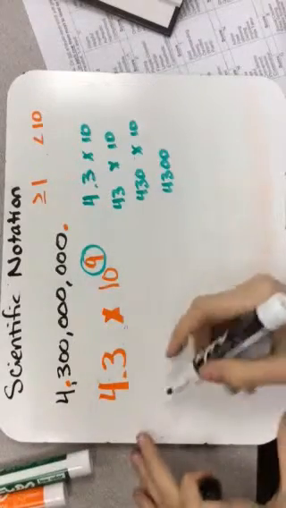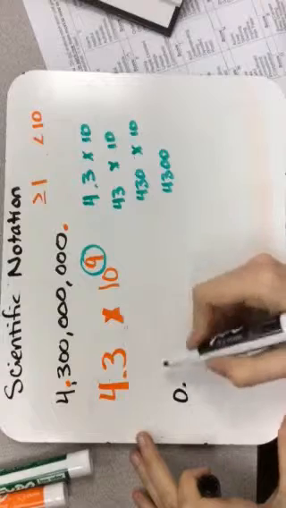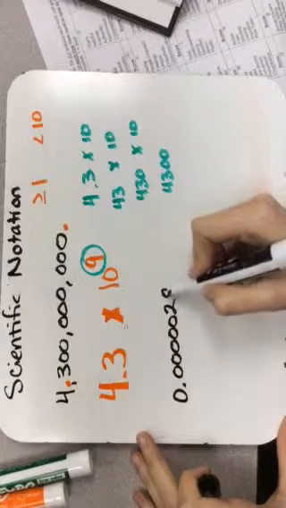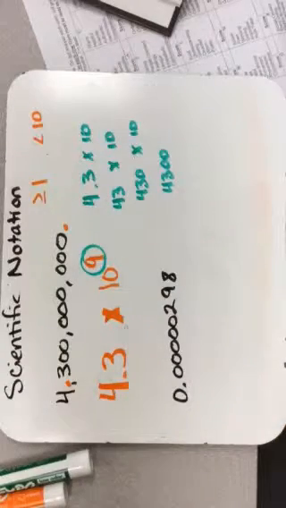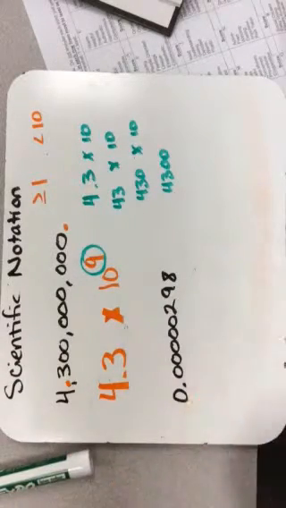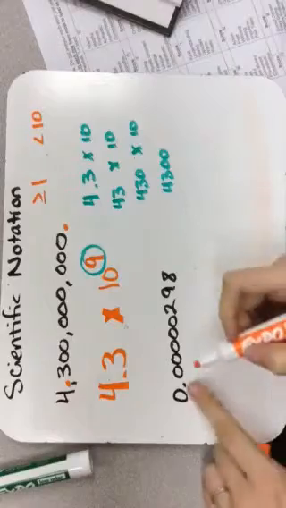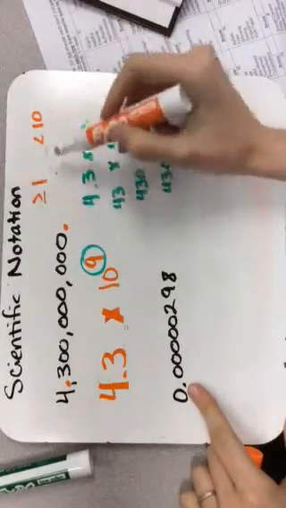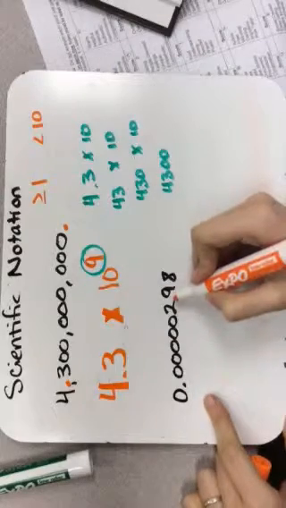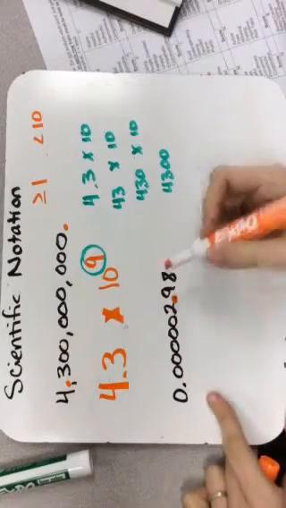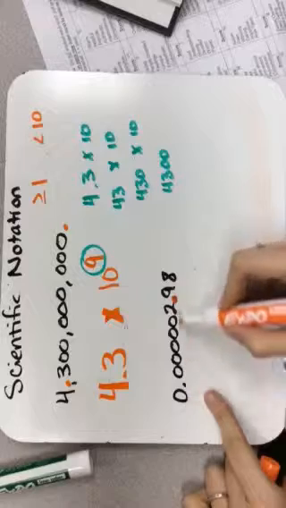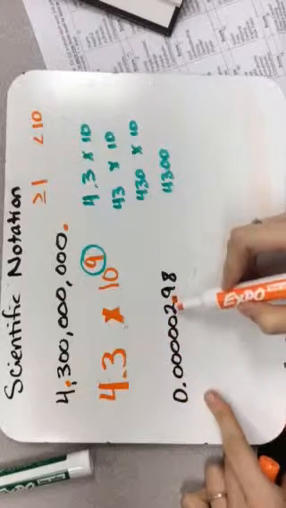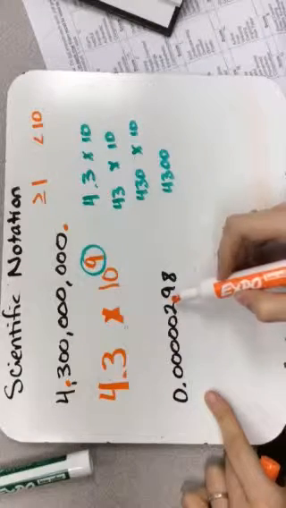Let's also do a very, very small number for an example. So let's try 0.0000298. We're going to do the exact same thing, except that here we already know where the decimal is. It's right there. But to make it so that our value is between 1 and 10, we want this decimal to be here, after the 2. The way we figure that out is remember, all of these zeros are insignificant, so you go to the very first significant number and put your decimal after it.